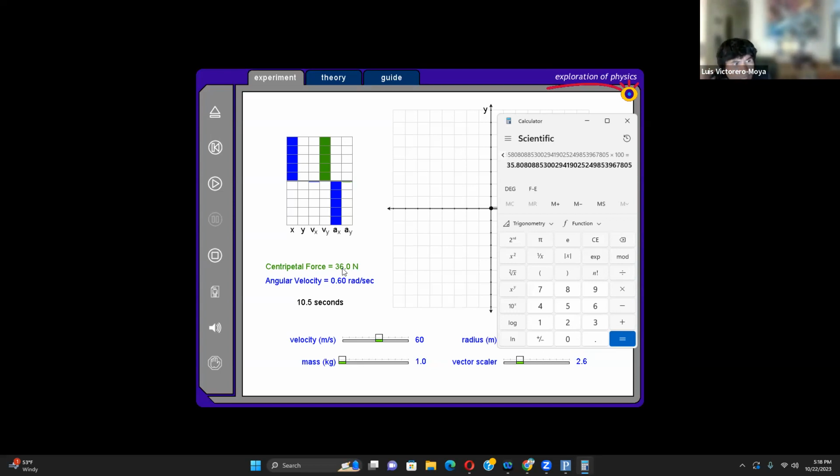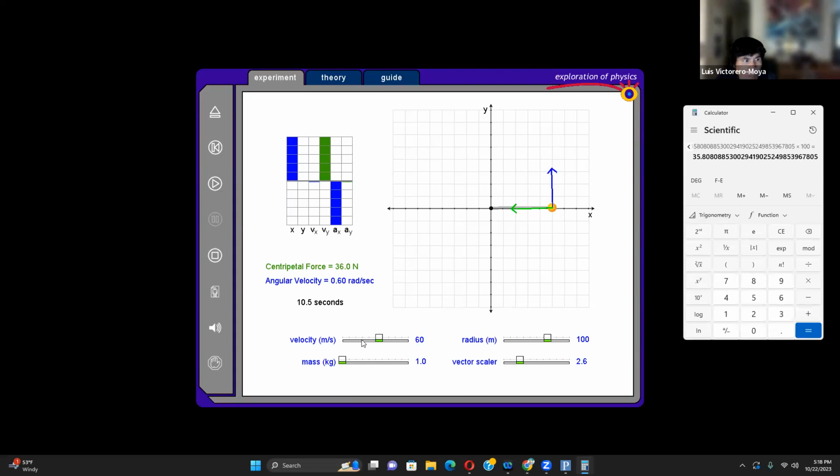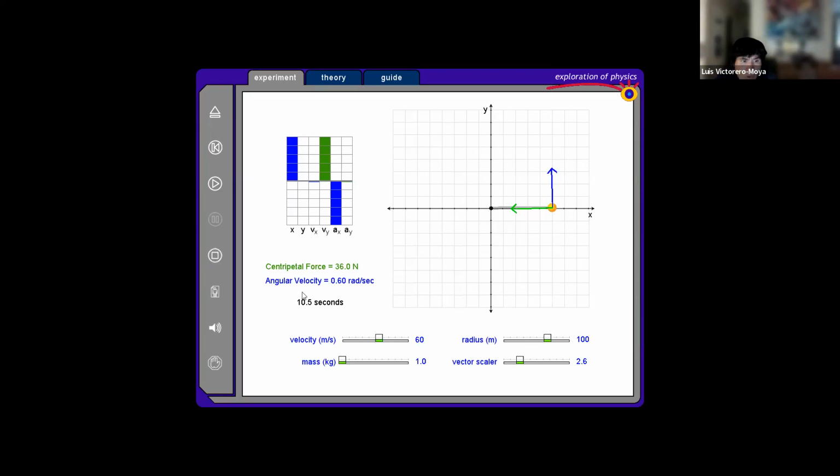So in part 1, you're just exploring uniform circular motion. Again, it's not so bad. You just have to make sure that you calibrate the software at an appropriate value. If I were to use, for example, 40, the centripetal acceleration would be 16. So let's see what we get.